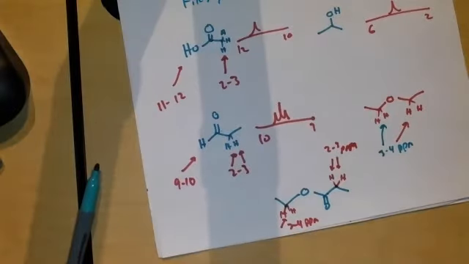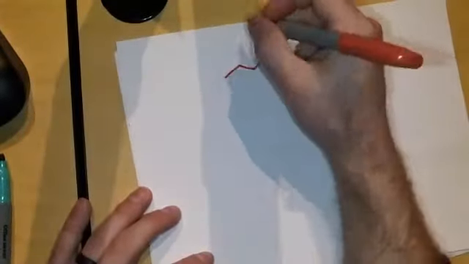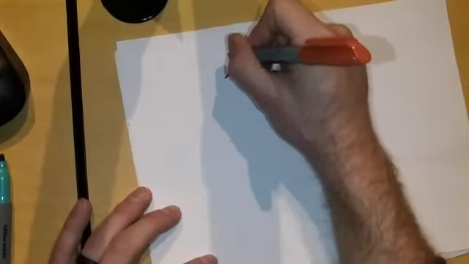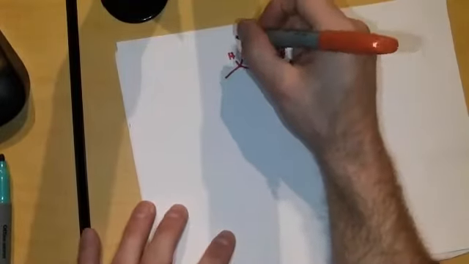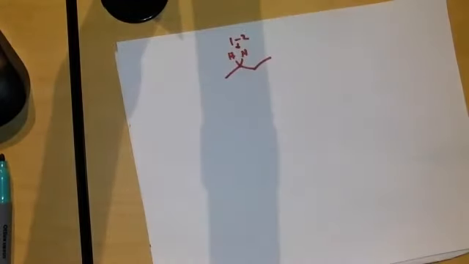All right, let's talk a little bit about multiple substituents attached to the same thing. So if I think of just a normal carbon chain, these are normally in the 1 to 2 range. These are just regular CHs.